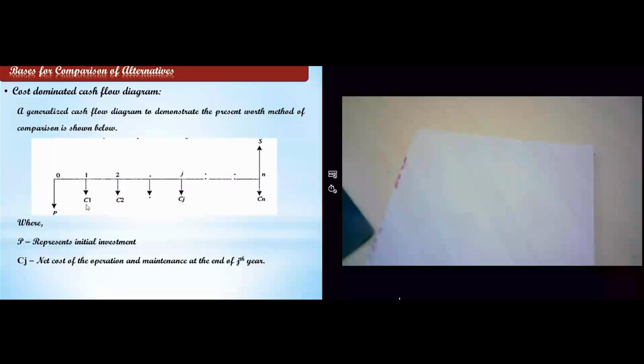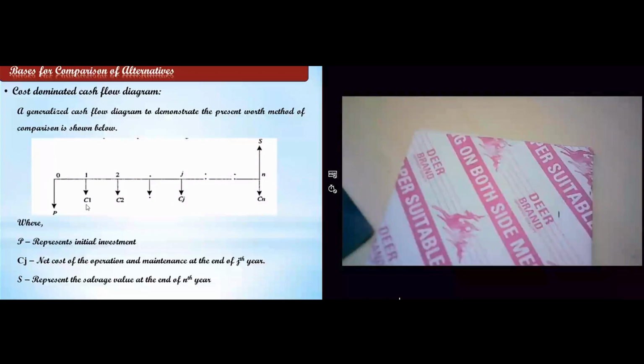Likewise, you have Cn. And S is the salvage value, which we also call the resale value of the component. That means the company will get this amount after selling that equipment at the end of its service life.